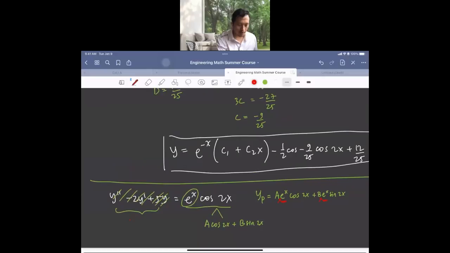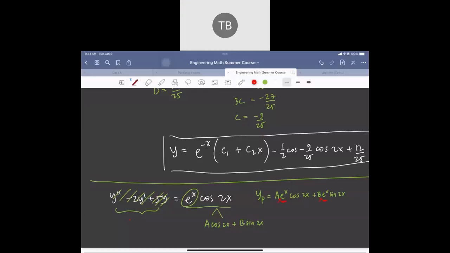But that is just how we can find it. I think you can just use the table that I gave you in the previous lectures when I introduced this method. You can use that for your reference.